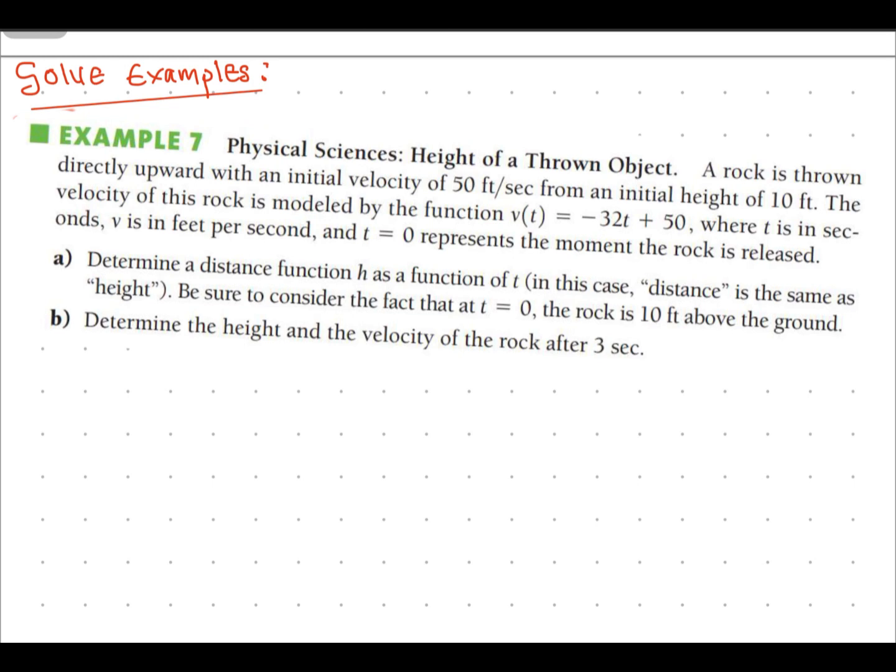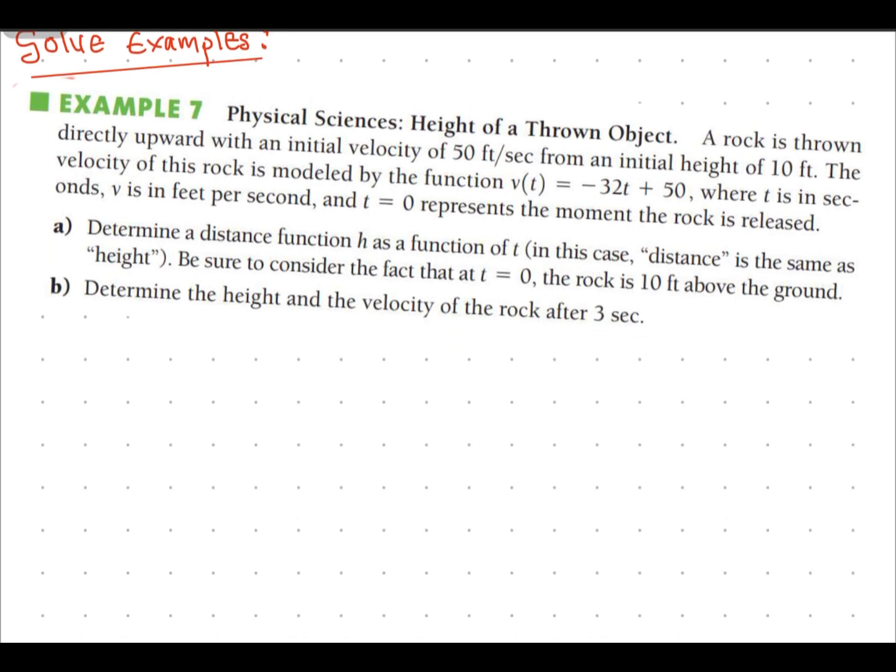A rock is thrown directly upward with an initial velocity of 50 feet per second, from an initial height of 10 feet. So our initial velocity V1 is equal to 50 feet per second, and our initial height h is equal to 10 feet.